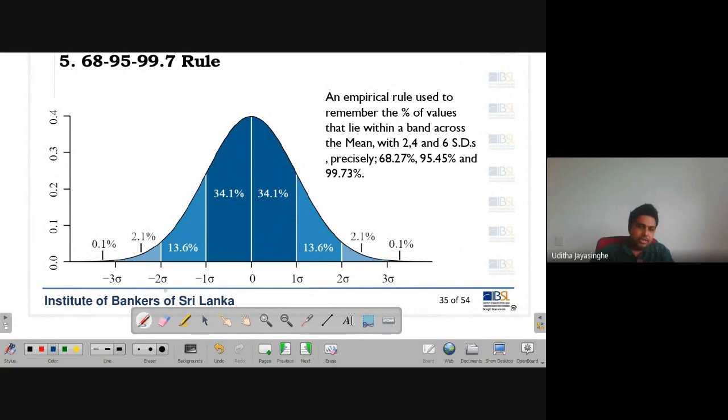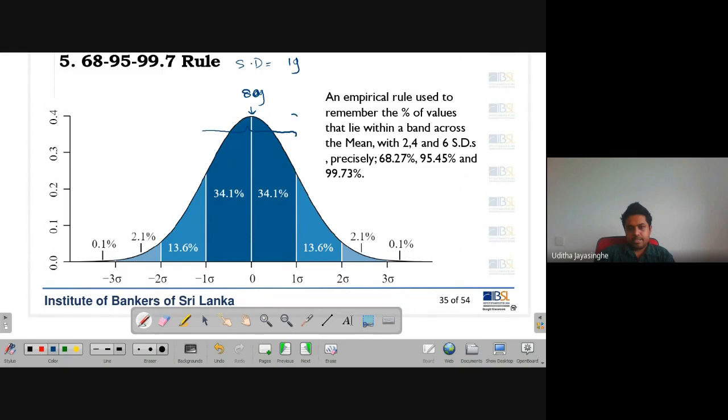So the probability of you having, let's say, an 80 gram yogurt cup, and your standard deviation is calculated as, let's say, 1 gram. That means this is the range.